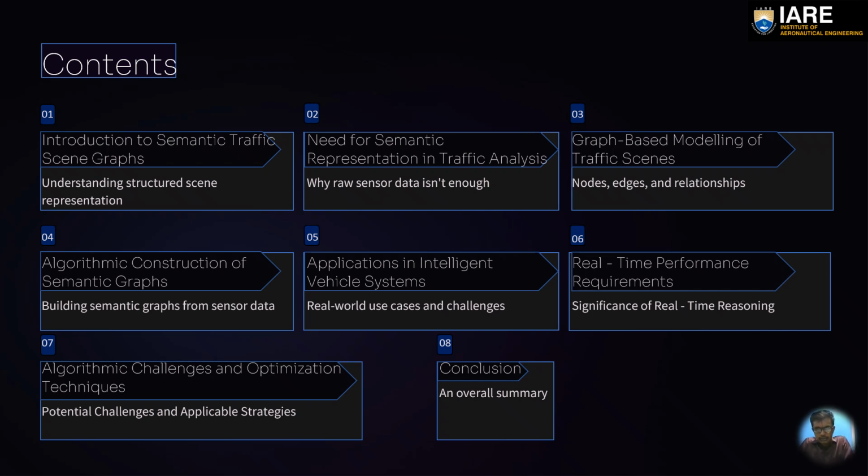There will be discussing about why raw sensor data is not enough, and after that we'll go through graph based modeling of traffic scenes. There will be discussing about nodes, edges and relationships, and after that we're going to be discussing about algorithmic construction of semantic graphs, building semantic graphs from sensor data.